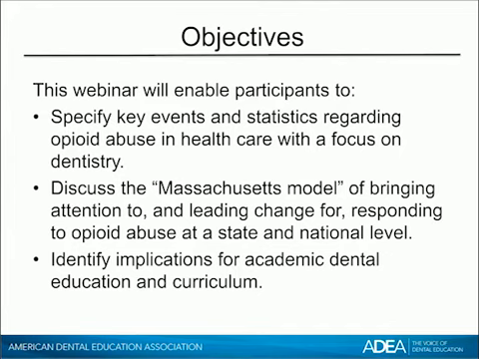Because what they were able to do with the Massachusetts model was bring attention and be a change agent to respond to the opioid abuse within their state and then also at the national level. Lastly, we want to identify the implications this has for your individual institutions, your dental programs, and of course the curriculum that you would set for your students and residents.